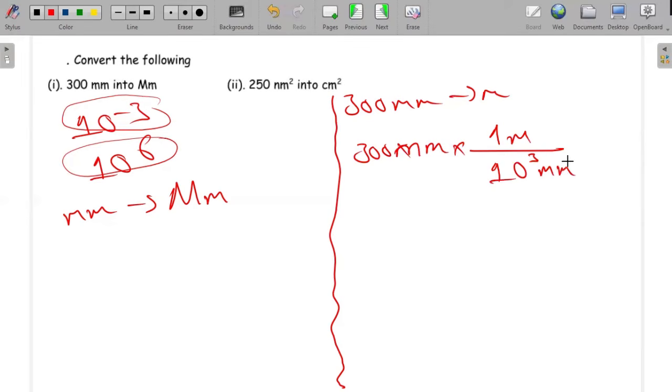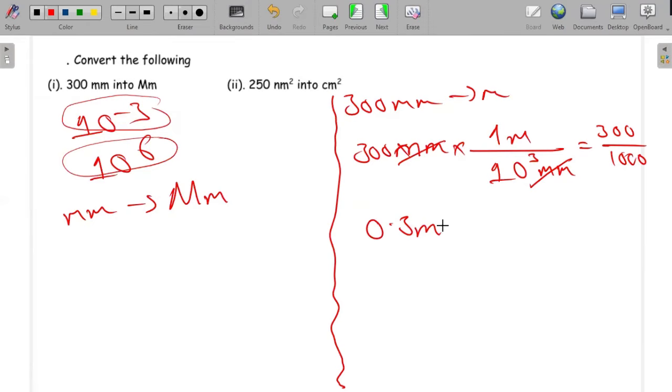So the millimeter and the millimeter will cancel out. 300 multiplied by 1 divided by 10 to the power 3. We say 300 divided by 1000. What answer are we going to get? 0.3. So this is 0.3 meters.